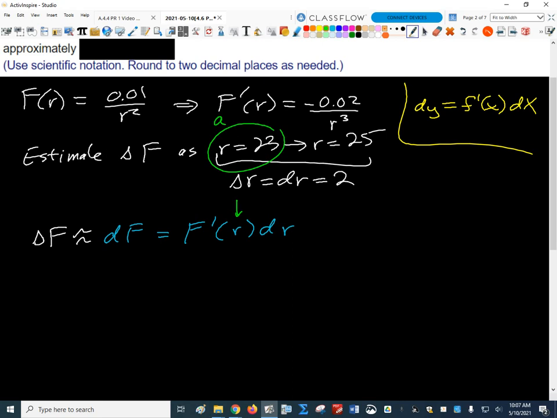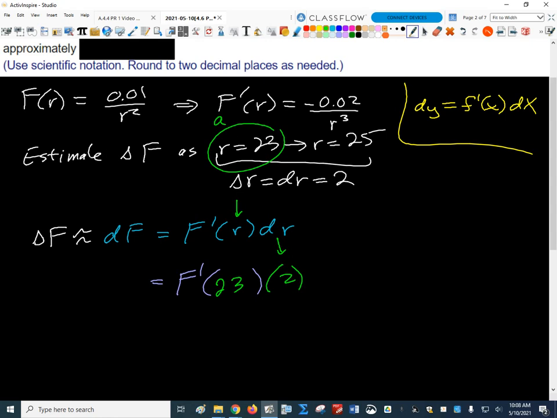So we're going to get, this is equal to f prime of 23 times, now how much did it change from its original value? 2. Okay, so we're just going to multiply that by 2. So what's that give us then? Well, we already calculated the derivative. Here it is right here, right?